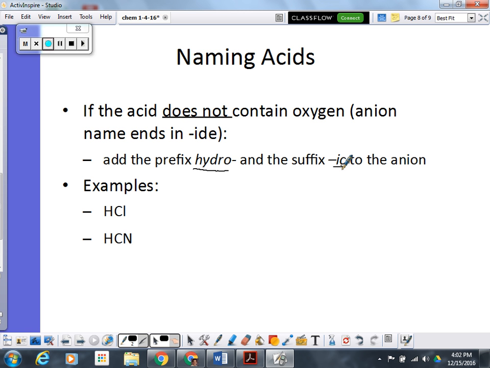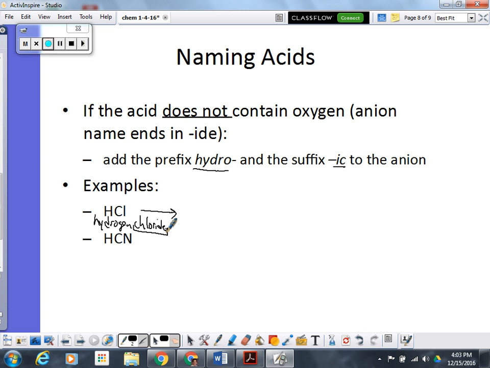So for example, HCl, if I were just to write this as an ionic compound, I would call that hydrogen chloride. But since the H is in front, that means it's an acid. So HCl is actually an acid. There's no oxygen in there. So I look at the anion, the negative ion, which is chloride.